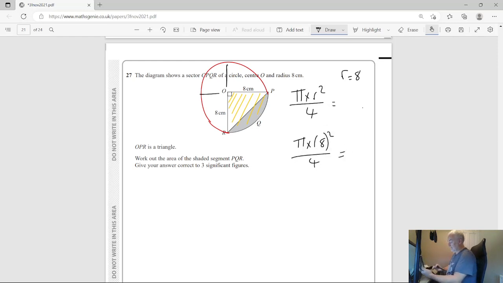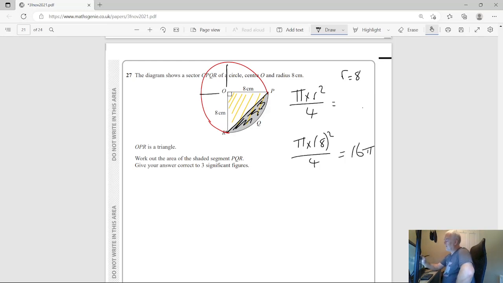I'm going to leave it in terms of pi for now, because it'll be easier to use later in the calculator. So pi times 8 squared, 64 pi. We're going to divide that by 4. So that's going to give me 16 pi. So that's the area of that whole sector. We want just this bit here, this segment on the end here.